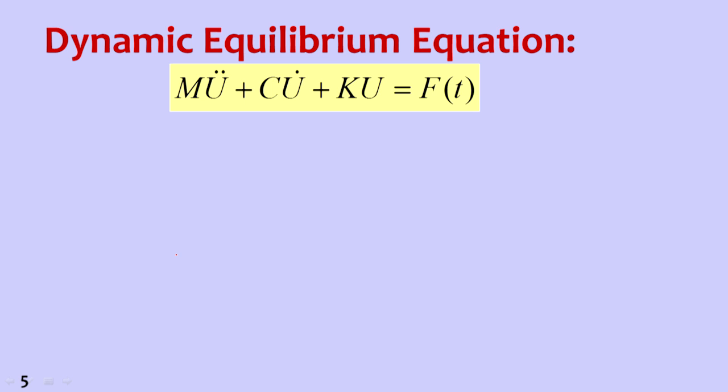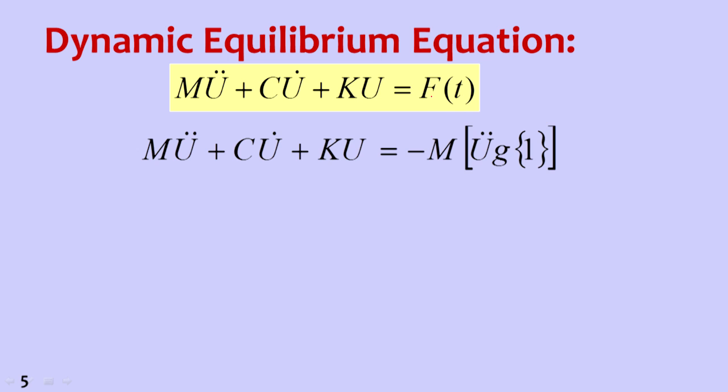Now this is the dynamic equilibrium equation for a multi degree of freedom system, where these three terms are the inertia force, damping force and stiffness force, and this is the externally applied force F. If the externally applied force is coming from an earthquake, we already derived the equation of equilibrium for earthquake actions: M u double dot plus C u dot plus K u is equal to minus M 1 u double dot g, because it is a matrix and the force is a vector.